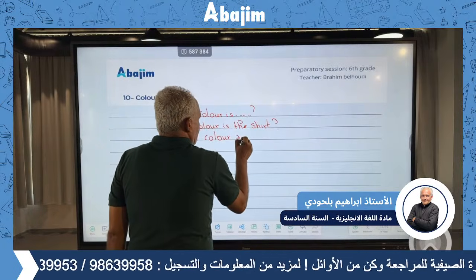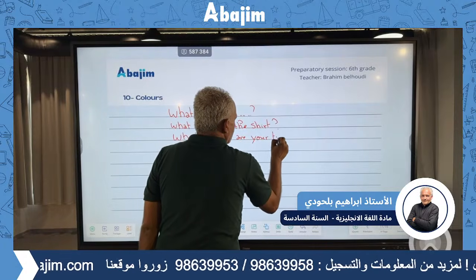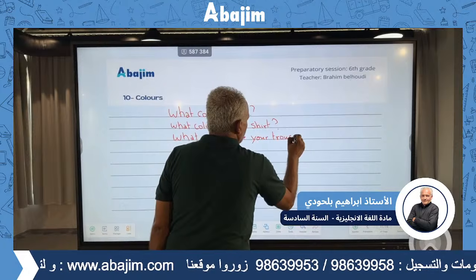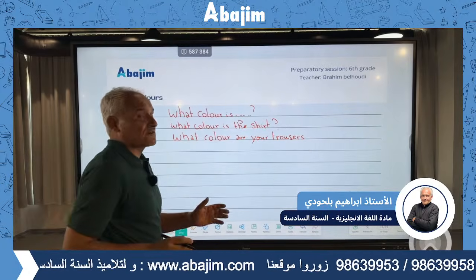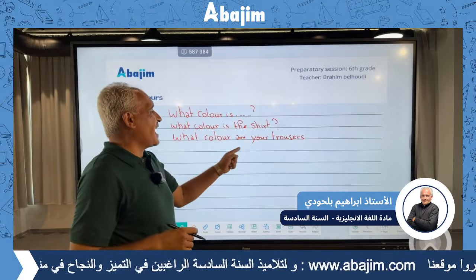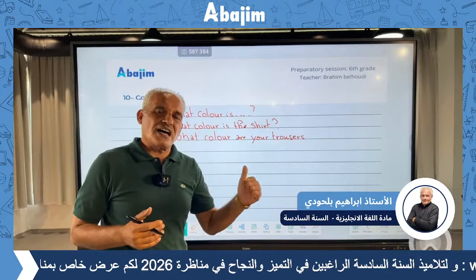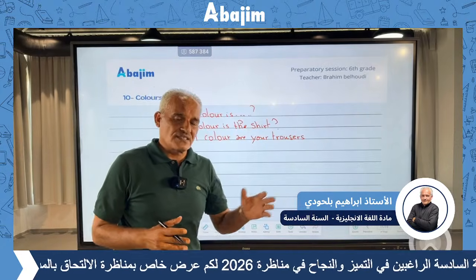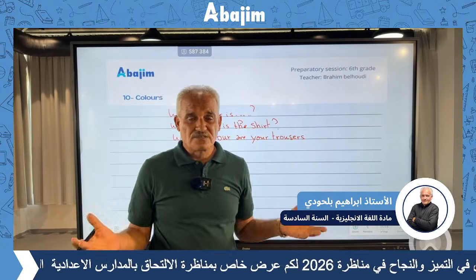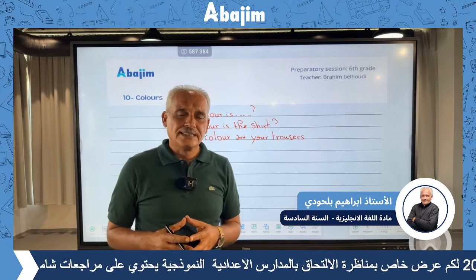What color are your trousers? By the way, trousers is a plural word, okay? Be careful. So, what color are your trousers? My trousers are black. My trousers are blue. My trousers are gray, and so on. This is how I ask about colors.